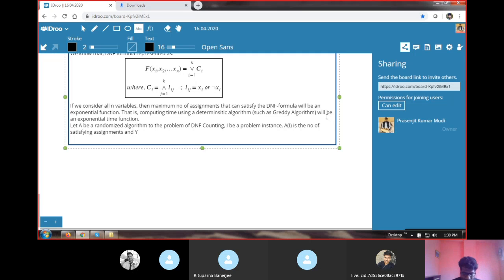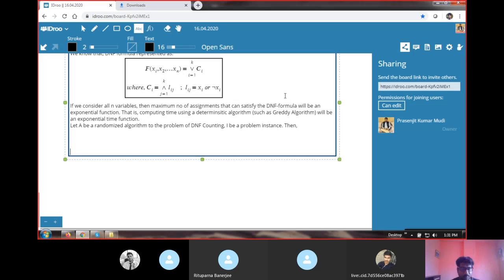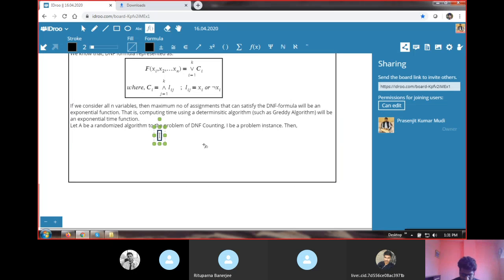Forget about the star notation, we will use the traditional notation for the problem instance. Then we have I.